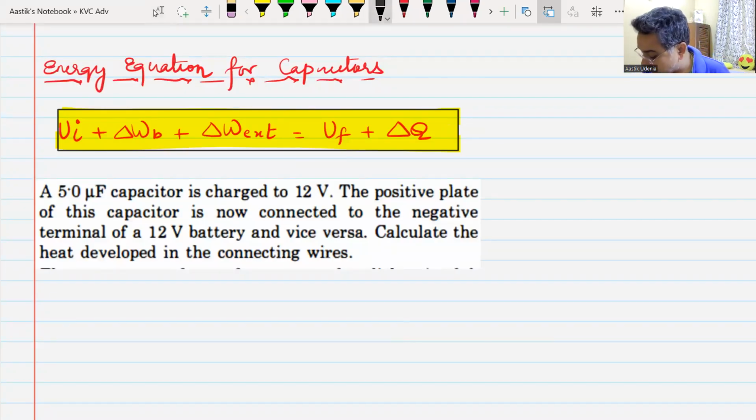So how are we supposed to do this? This is the first case scenario. Let me call this plate A and this plate B. This is the positive and this is the negative terminal of the battery. This is the initial case.